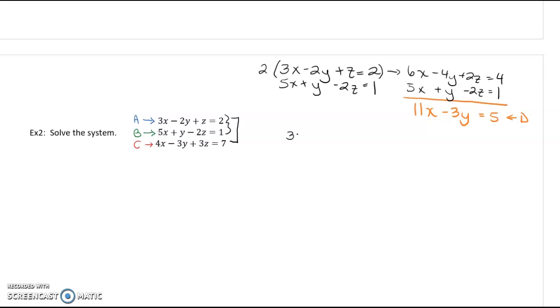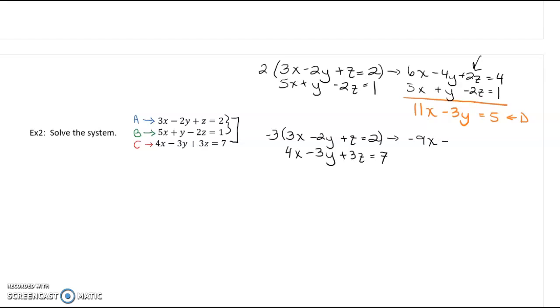So I'm going to use equation A this time, 3x minus 2y plus z equals 2, and then 4x minus 3y plus 3z equals 7. Now what's important here is if I eliminated the z's in this step, I have to eliminate the z's again in this step. So I'm going to multiply this top equation by -3 in order to eliminate the z's.